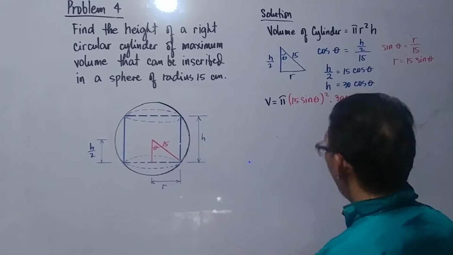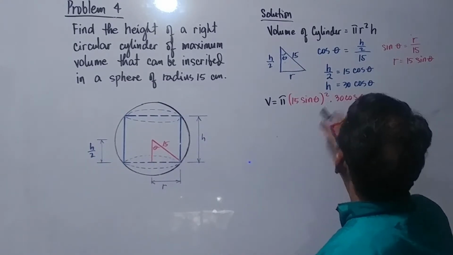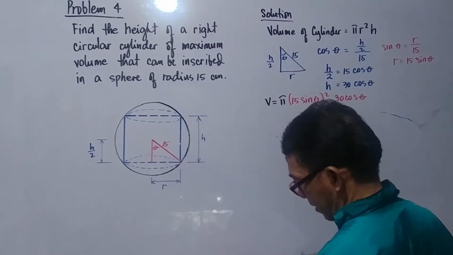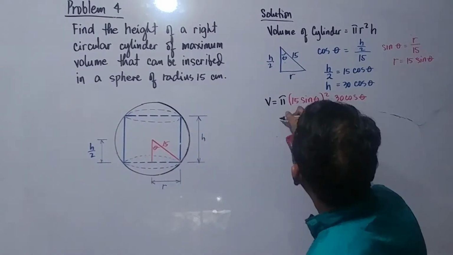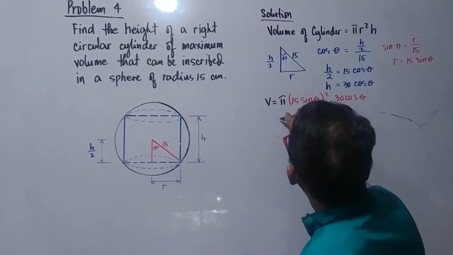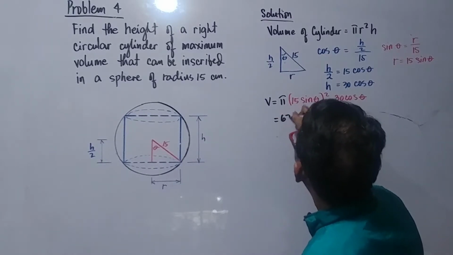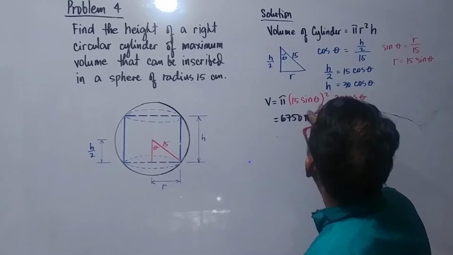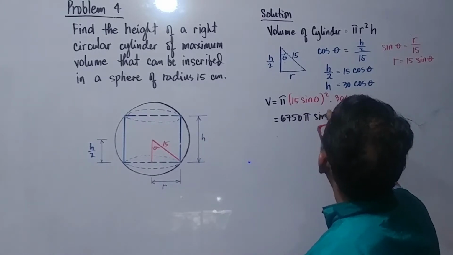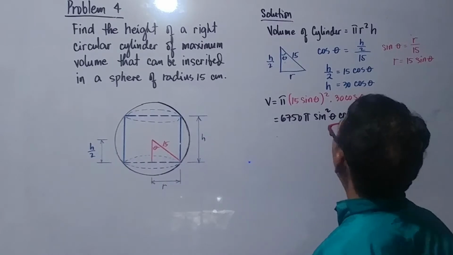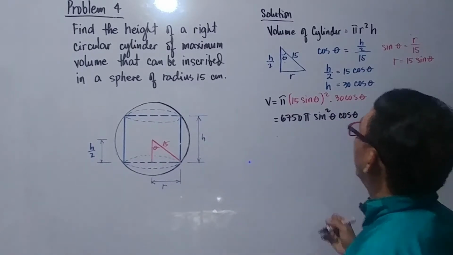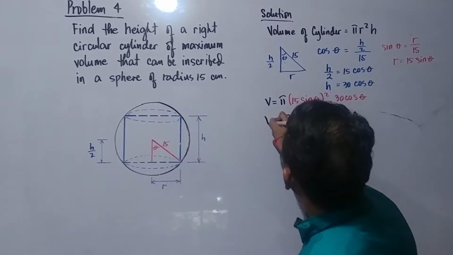So, if we multiply 15 squared times 30, we have 6750 pi sine squared theta cosine theta. Then, we have this volume.